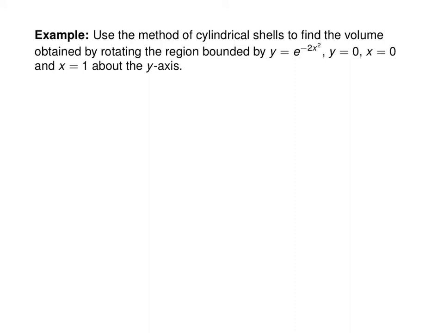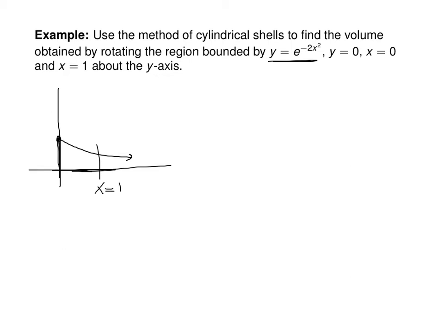So suppose we have this region: y equals e to the negative 2x squared, y equals 0, x equals 0, and x equals 1, about the y-axis. Here's what we have. When we input 0 into this function, we get e to the 0, which is 1. The negative exponent means that we're going to have some kind of decay. So x equals 0 is this axis, y equals 0 is the x-axis, and x equals 1 is right there.